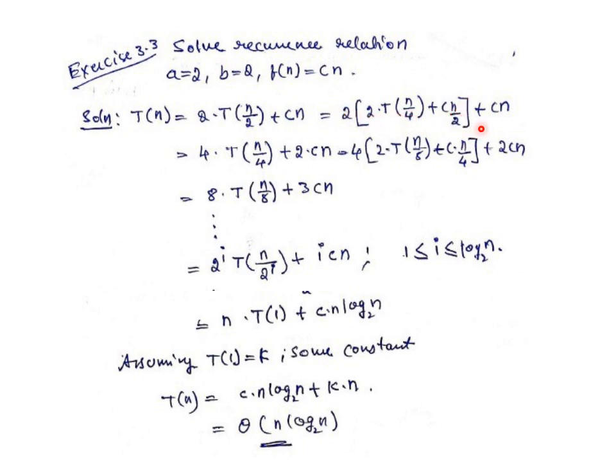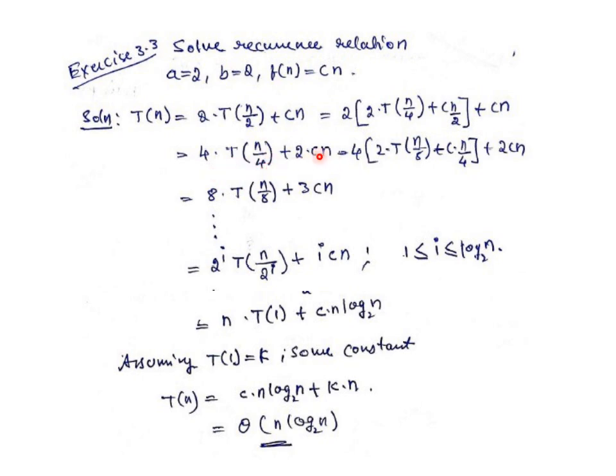So the 2s cancel and it is cn. So what happened? 4 into T of n by 4 plus 2 cn, one cn from here and another cn from there.